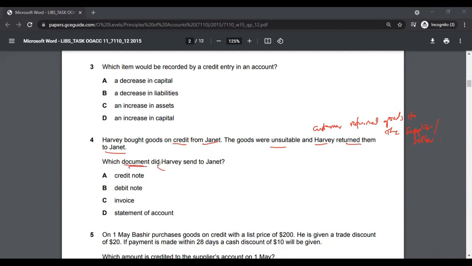Which document did Harvey send to Janet? So Harvey is the customer, and Janet is the seller, right? So which document will Harvey send for the damaged goods to Janet? And that's always a debit note. So the answer to multiple choice 4 is option B.